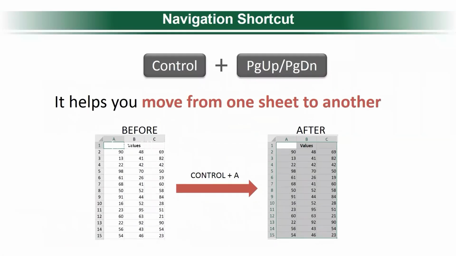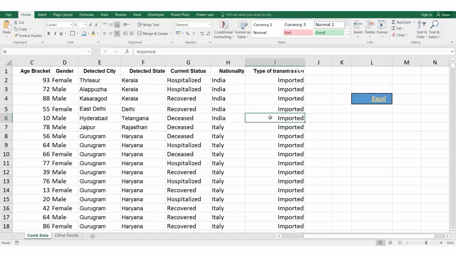Coming to the last shortcut for navigation is Control plus page up or page down, which basically helps you move from one sheet to another. So coming to our data, if I want to go to another sheet, that is other details, I can simply press Control page down. Now, remember this as kind of like a waterfall, which is going downstream.